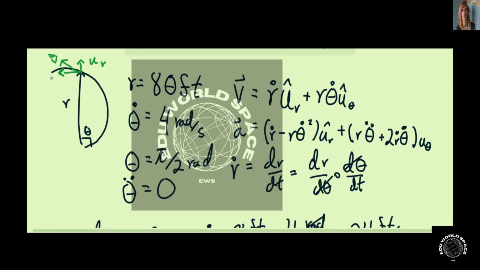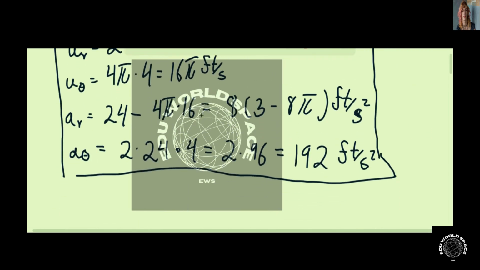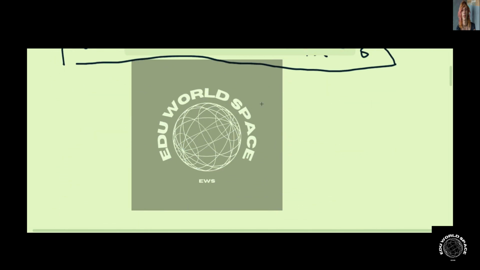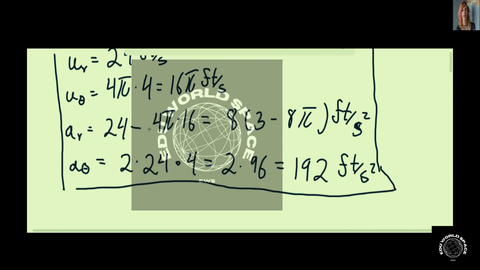And then if we look at the acceleration, which we'll do in blue, the R component is actually going to be less than 0. It's going to be negative because 8 pi is much greater than 3.